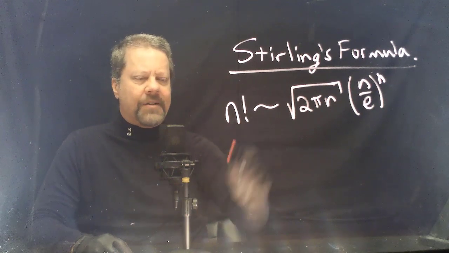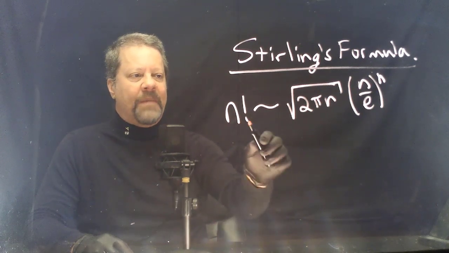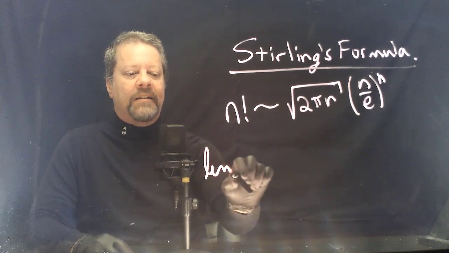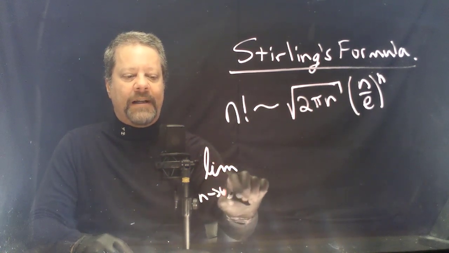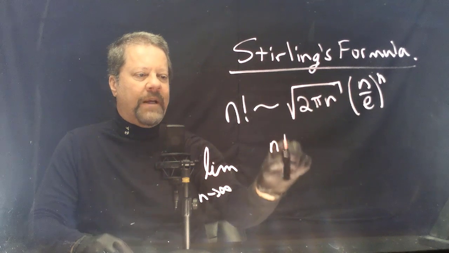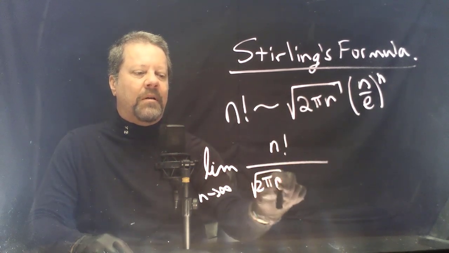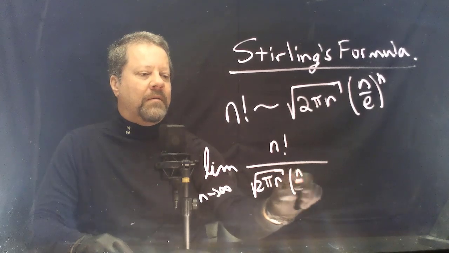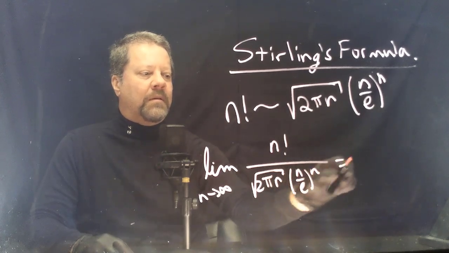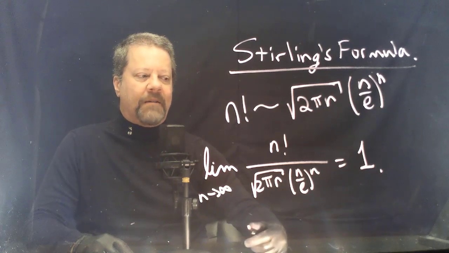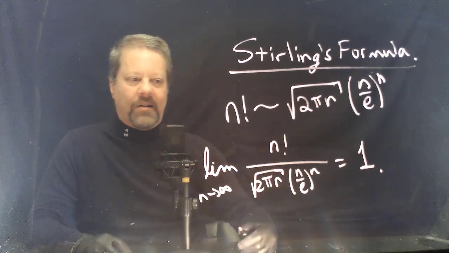And in particular, this squiggle here, the tilde, will mean that it's asymptotically, it goes towards this, in the sense that if we take the limit as n goes to infinity, the ratio between these two goes towards 1. So the approximation gets better and better as n gets larger and larger.